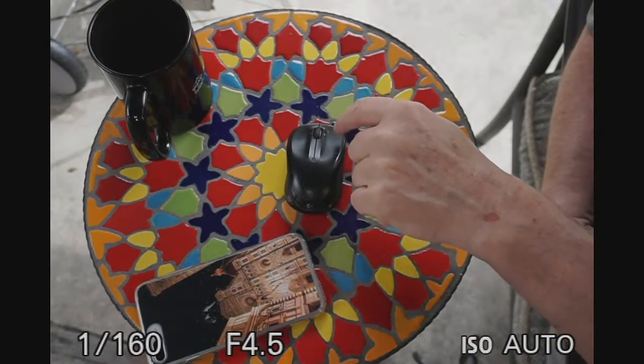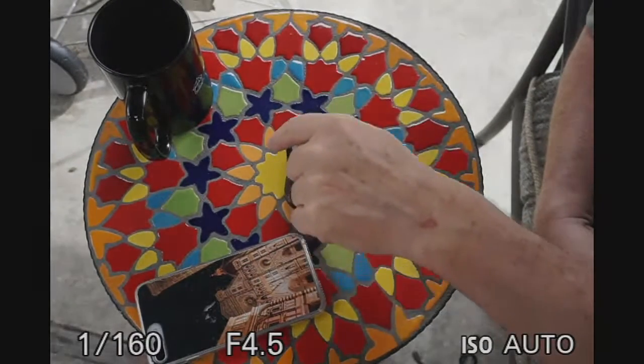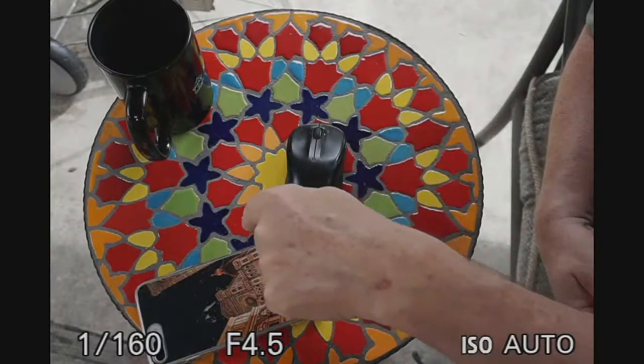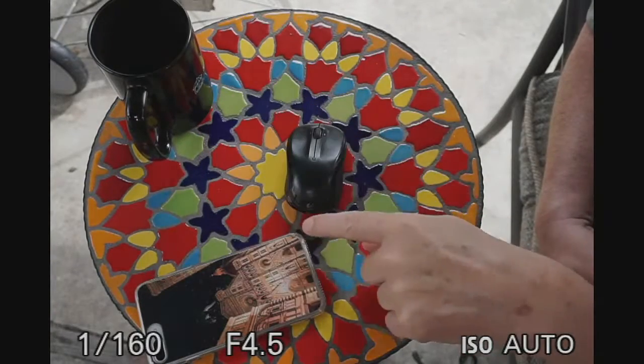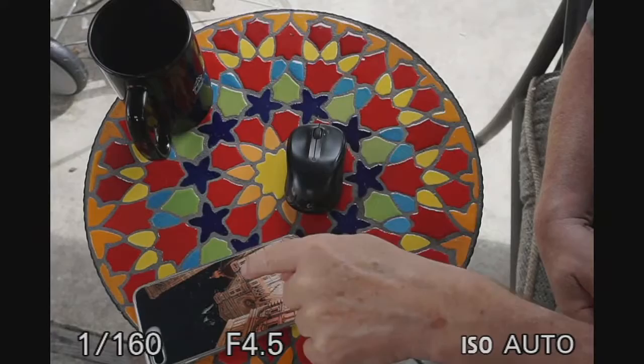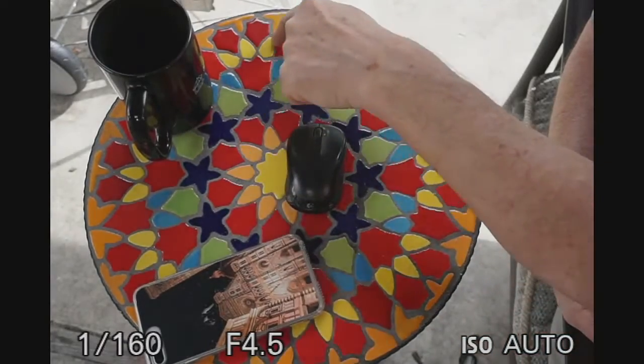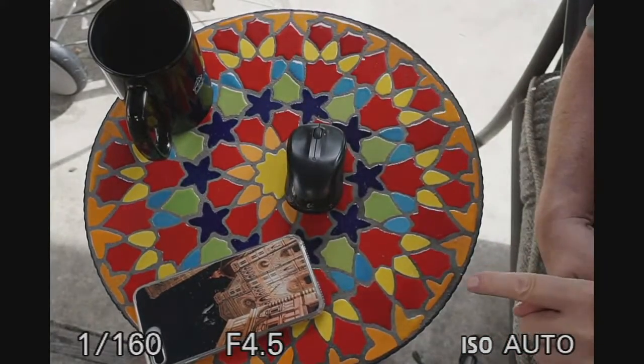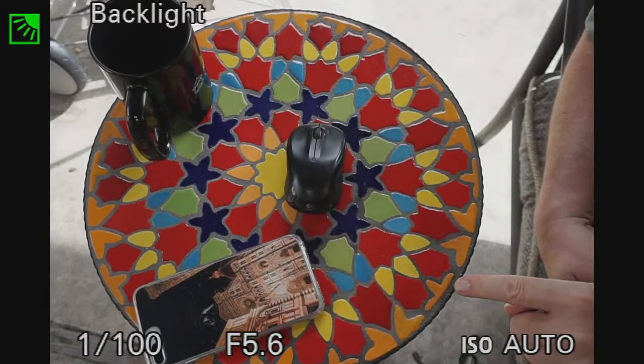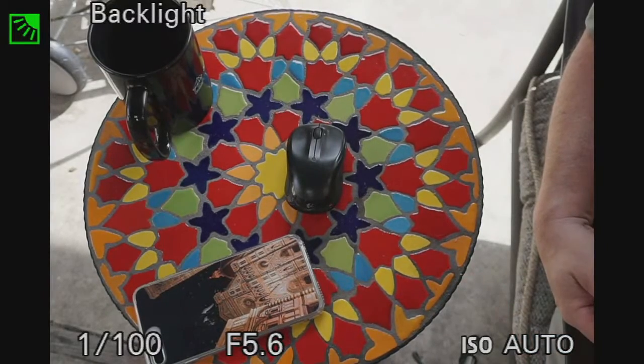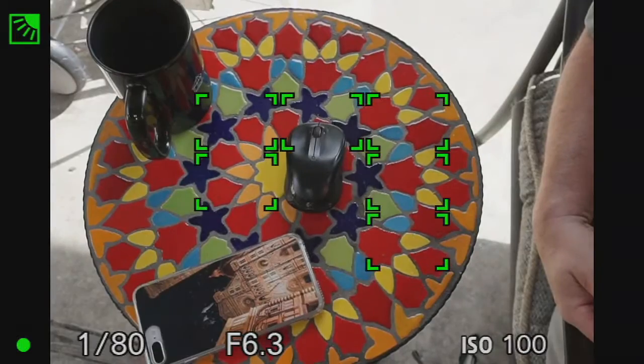We're going up, we're going out. See how this is fairly close in, a little further out, and then the table makes up the rest of the line. So that's a relatively interesting shot.